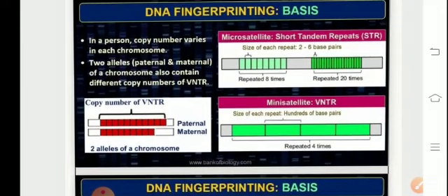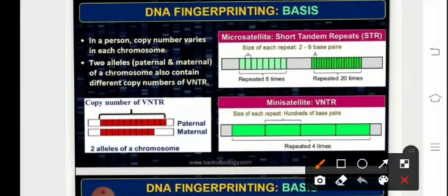Now, in a person, the copy number varies in each chromosome. For example, if we take two alleles, the paternal and the maternal of the same chromosome, they will contain different copies of the variable number of tandem repeats. As we can see over here, the repetitive sequences in the paternal and the maternal chromosome are showing variation. In case of microsatellites, the size is about 2 to 6 base pairs.